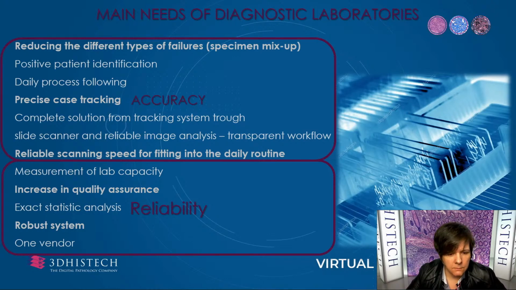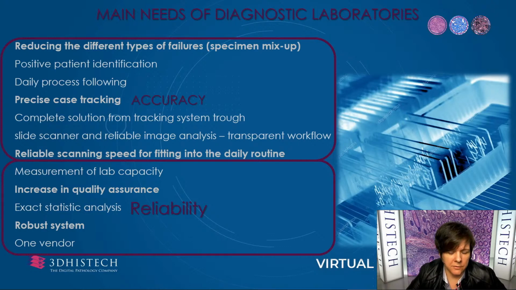So, what may be the basic expectation of a pathology laboratory? The minimization of the different types of failures is needed the most. Another point of view may be the daily process, follow-up, and precise case tracking options. A transparent workflow can help to increase the effectiveness of the laboratory.